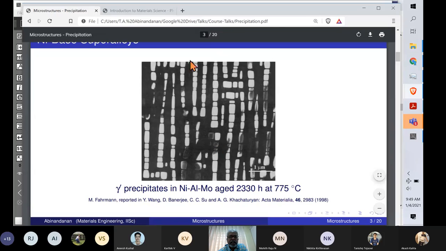This entire thing is from one single crystal, or rather, you can think of it as from within one grain. And look at the micron marker here, it is 1 micron or so. So the size of these precipitates is anywhere between 100 nanometers, this small thing here, to about half a micron, 500 nanometers or so.